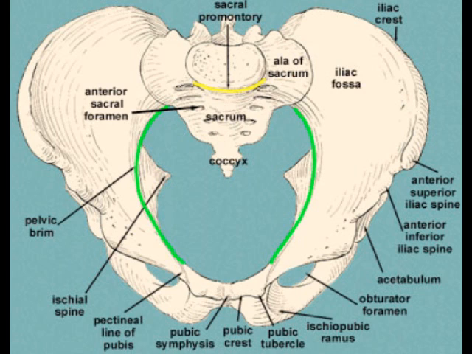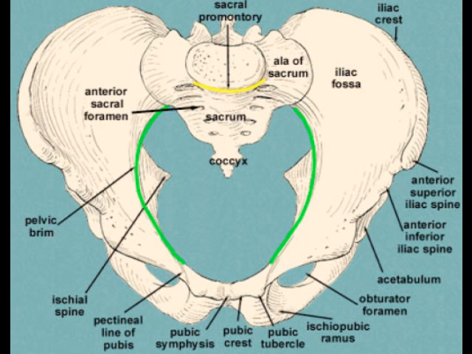Then you'll see something called the ischiopubic ramus. This is another important thing. That is basically where the ischium and the ramus join together.